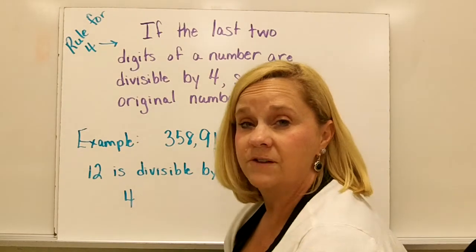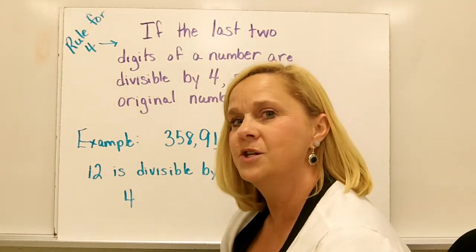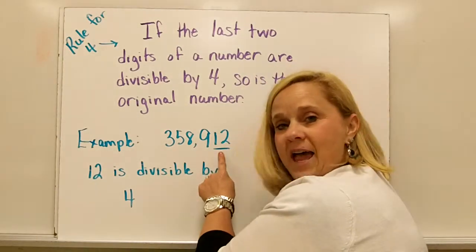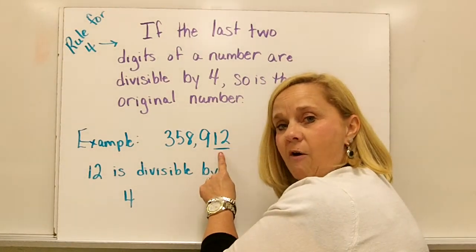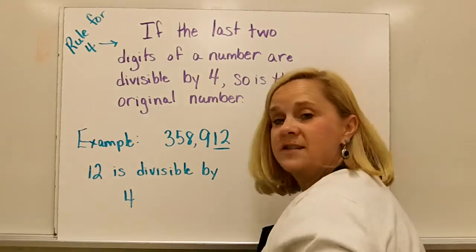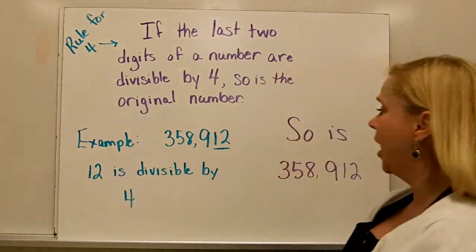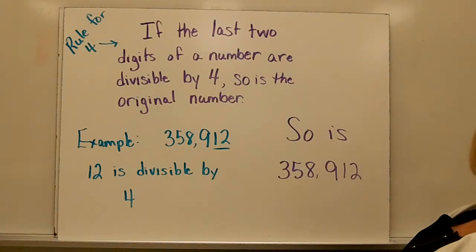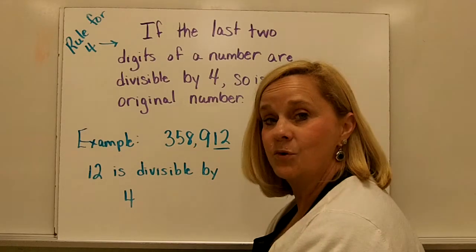I can do long division. It might take me a little while, but I could do that. The easiest way to figure this one out, look at your last 2 digits. You have the number 12. 12 is divisible by 4, so is 358,912. It's a quick and easy rule to help you.